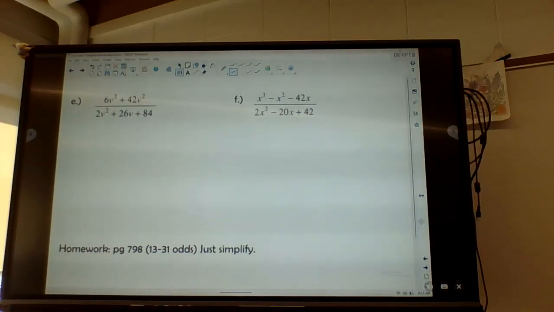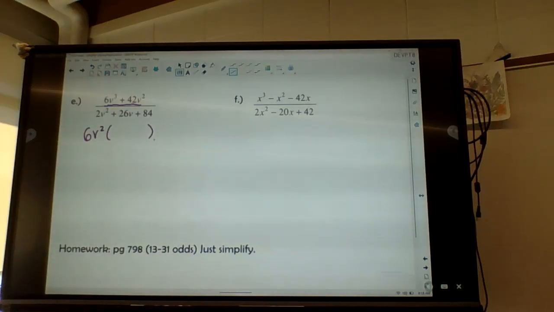All right. These are a little bit more complicated though. So the top up here, looking at that, again, I always want to look for a GCF first. And the top does have a GCF. What comes out of the top? Yep, 6b to the second. So we're going to take a 6b to the second out of the top.